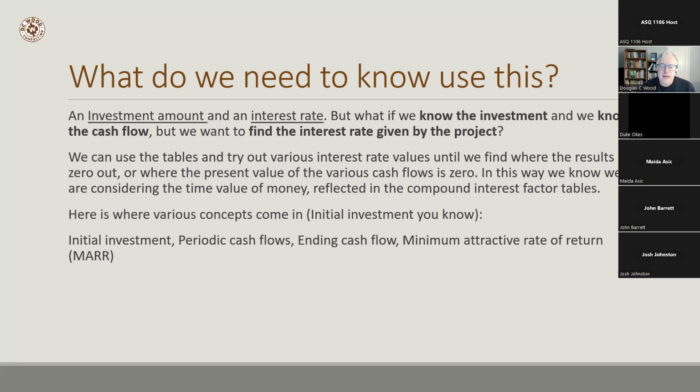And then there's another thing we call the minimum attractive rate of return, MARR. Well, what the heck is that? Well, the minimum attractive rate of return is also called a hurdle rate. It's the amount that the interest value has to reach to be judged as an acceptable investment. And this varies from company to company and from time to time.